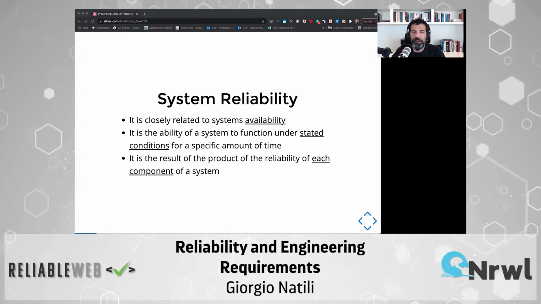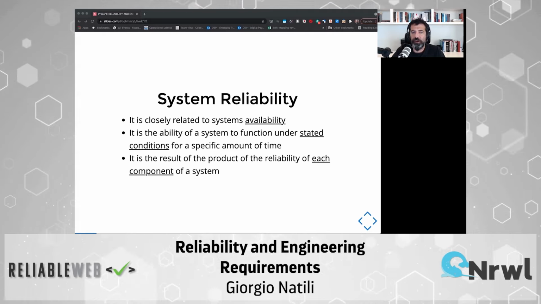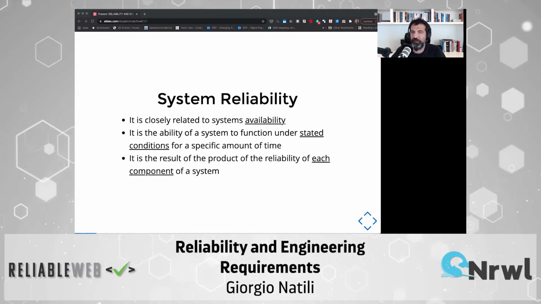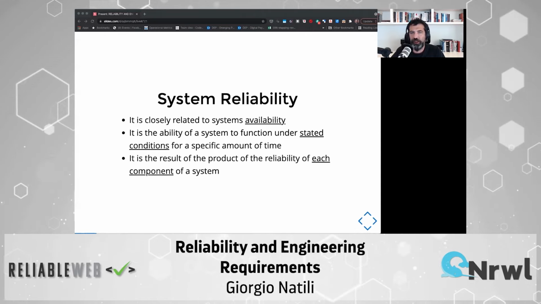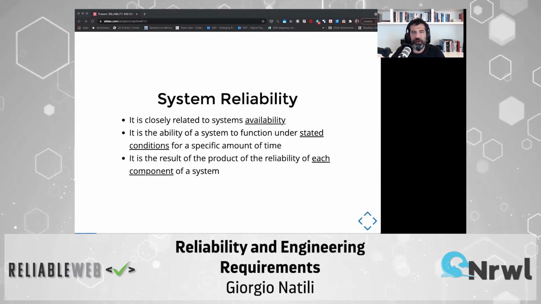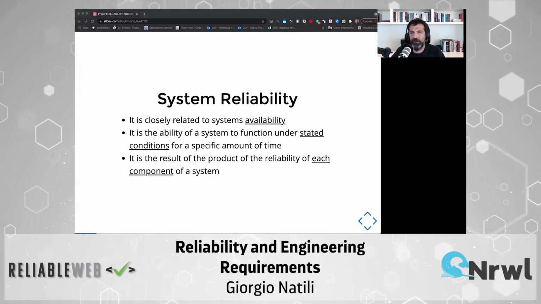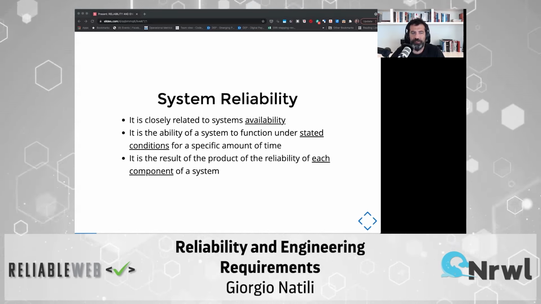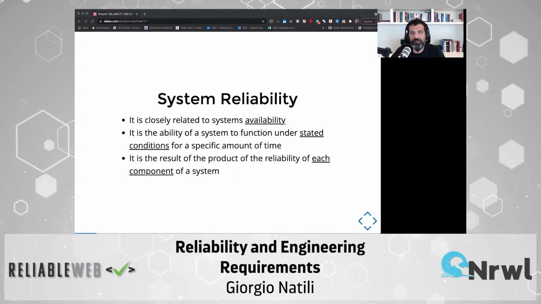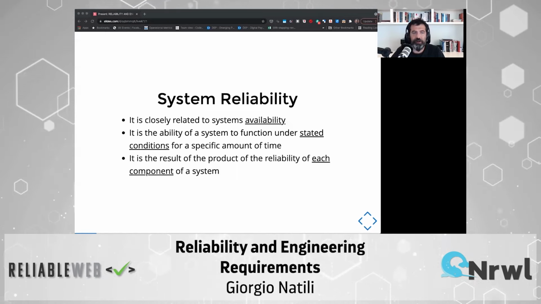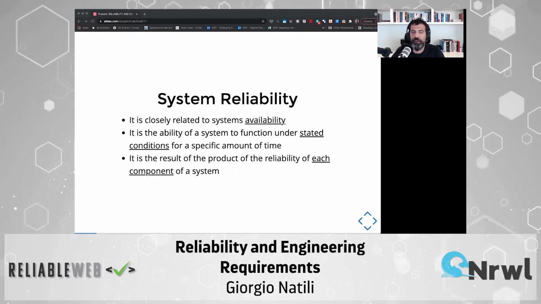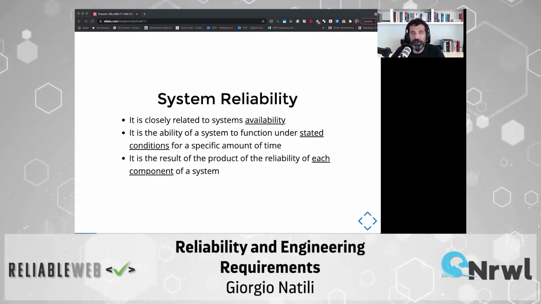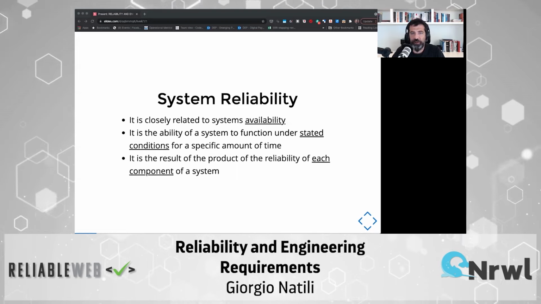It is also the ability of a system to function under difficult or stated conditions for a specific amount of time. Imagine if one server is going down, a node is going down, your entire cluster is going down, or just some dependencies. It is the result, from a numeric perspective, of the product of the reliability of each component of a system. The more components, the more reliable they are, the more reliable is the overall system.